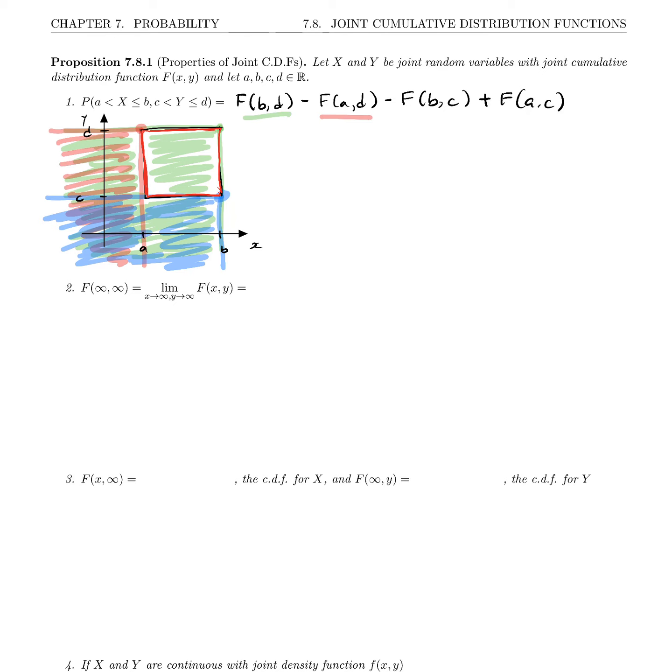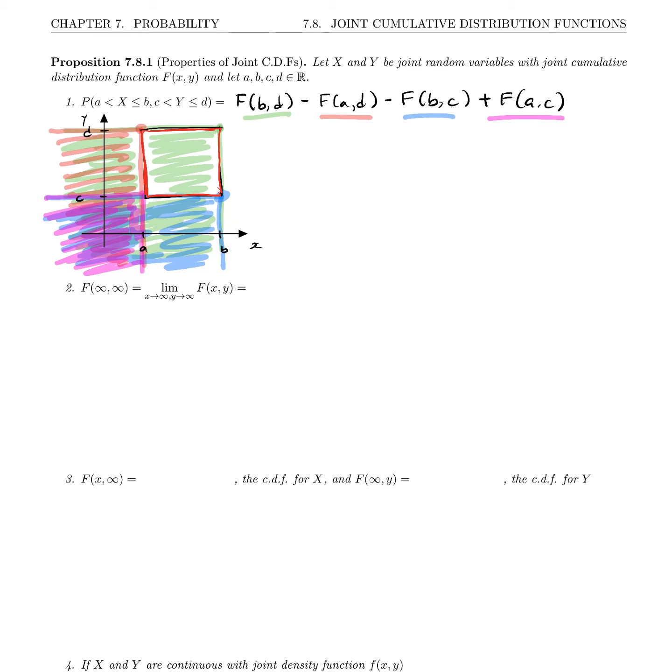In the bottom left corner, we added that in once, but we subtracted it off twice. So we have to add it back in once to make it even, to counteract our extra subtraction, and that's what we're doing here. F of AC is the probability associated with this lower left corner, and then we end up with just the probability associated with the rectangle that we want. So that's why that expression makes sense.